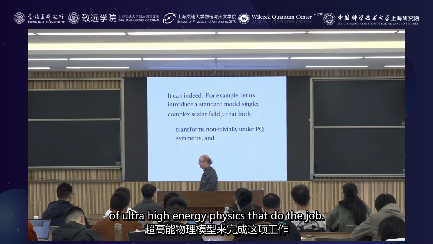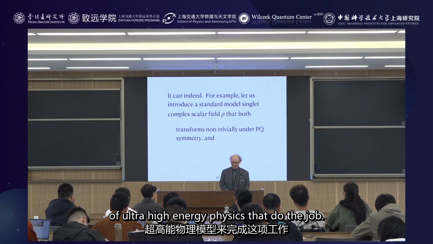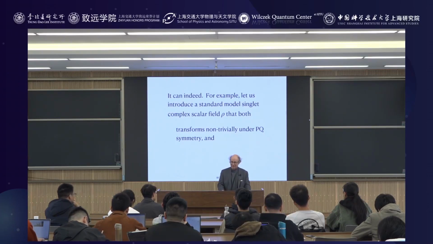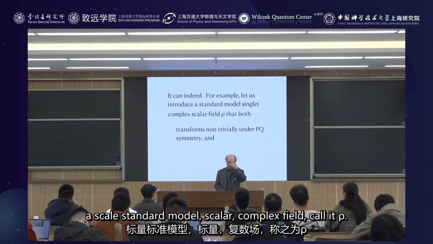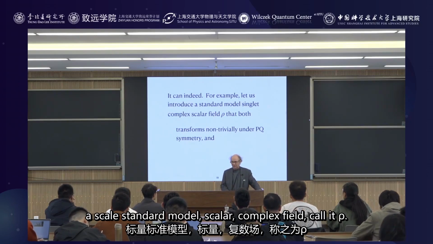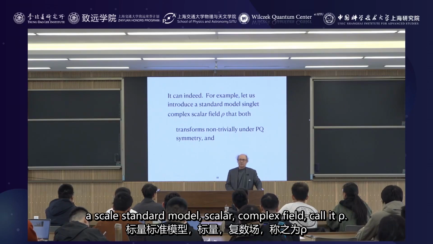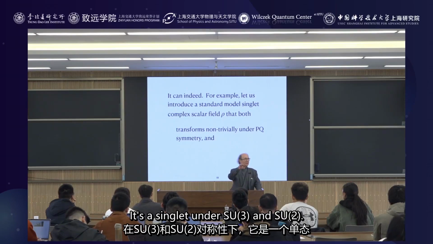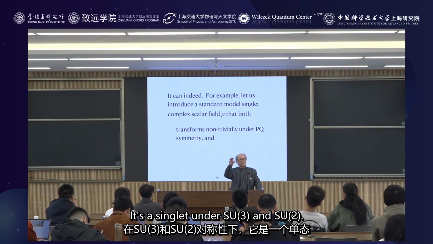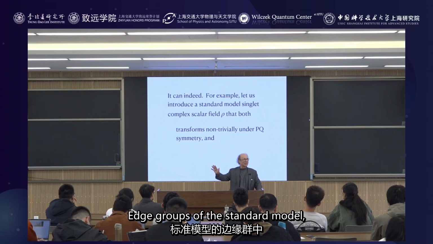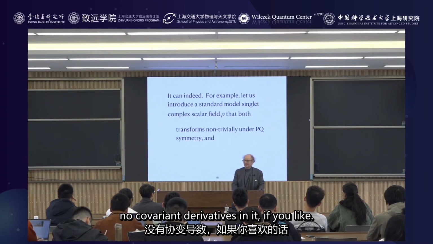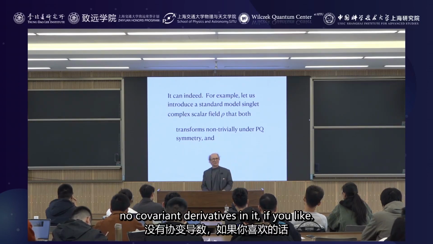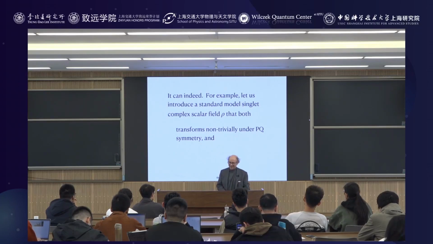Actually, we can construct very simple models of ultra-high energy physics that do the job. So, for instance, we can introduce a standard model scalar complex field, call it rho. It's a singlet under the SU(3) and SU(2) gauge groups of the standard model, so no covariant derivatives in it, if you like.